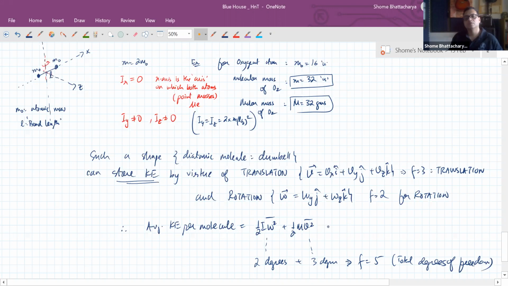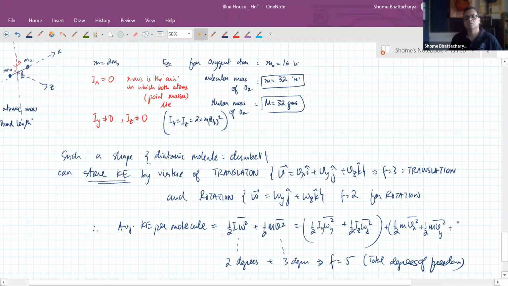Okay. And further, you can write it like this, that rotation about the y-axis, rotation about the z-axis, whereas translation, you can partition it into 3 degrees of freedom like this. Now, according to law of equipartition of energy, each of these partitions has 1 by 2 kT.